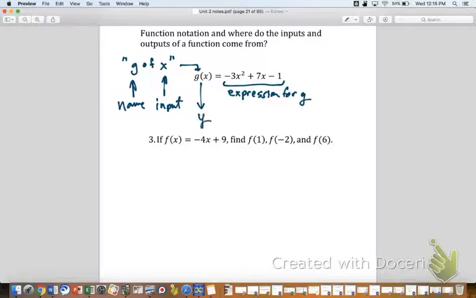So g of x has the same role as y. G of x is the output for the function. In middle school, did you ever hear of it as called like a function machine? Yeah. So let's maybe talk about it like that, and I'll show you some examples.